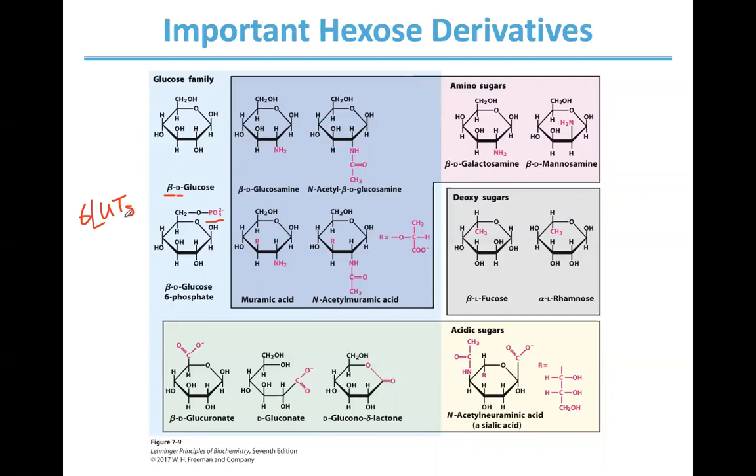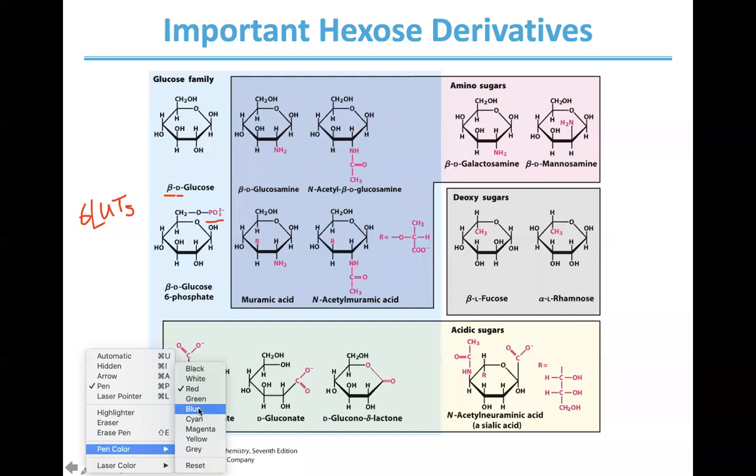GLUTs, glucose transporters. So once you phosphorylate, do you think the glucose can get back out of the cell? No, it traps it. So why is it trapped in the cell?